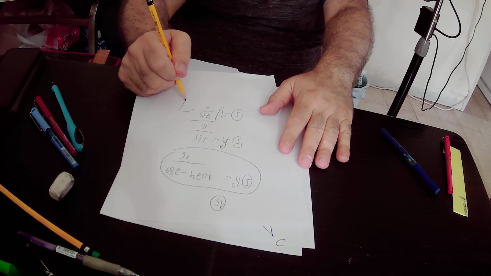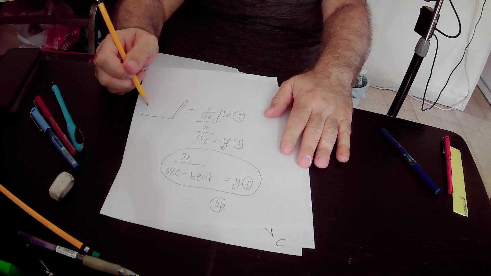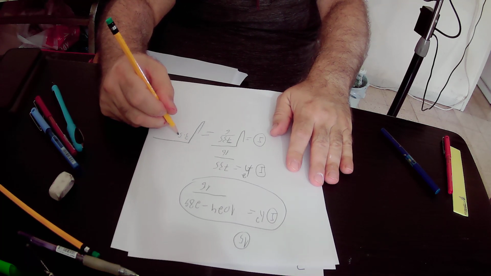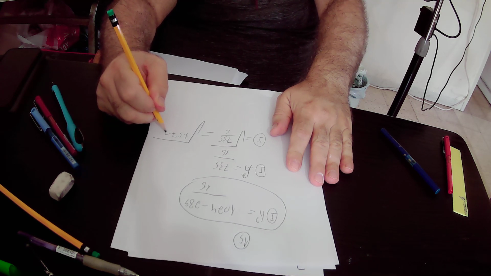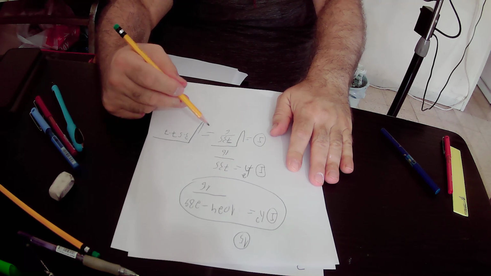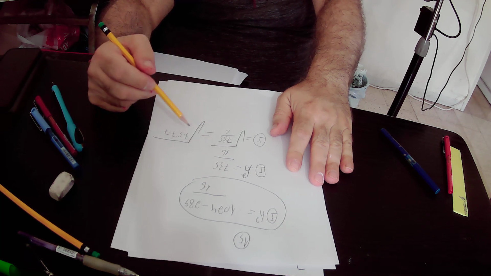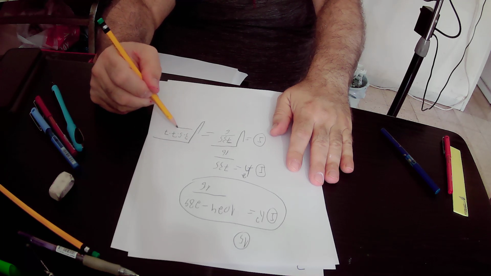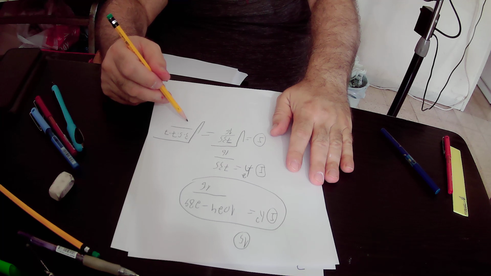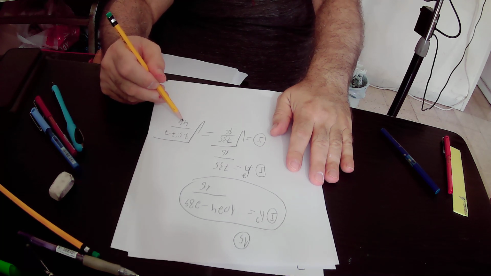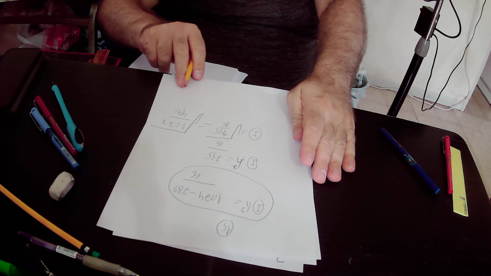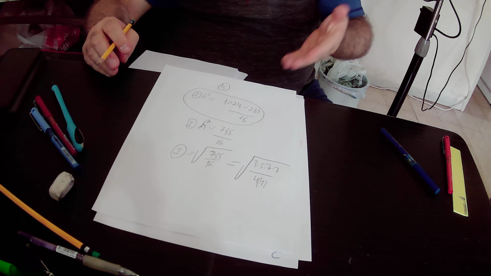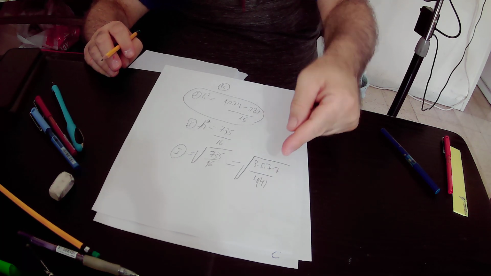But what is the value of 735? The value of 735 is 3 times 5 times 7 times 7. If you don't believe me, you can check that 735 equals 3 times 5 times 7 times 7, over 16 equals 4 times 4. So actually here the root of 7 times 7 is 7 and the root of 4 times 4 is 4.